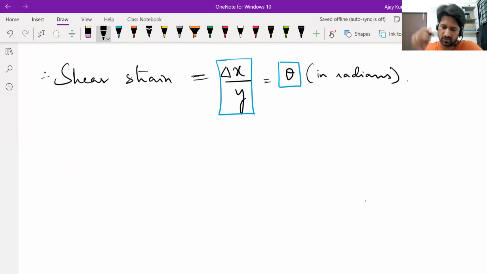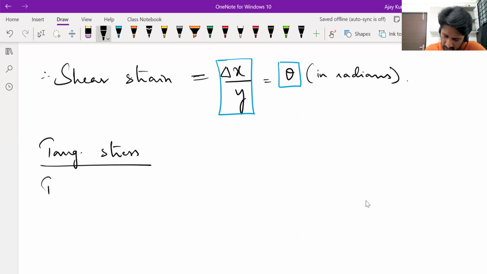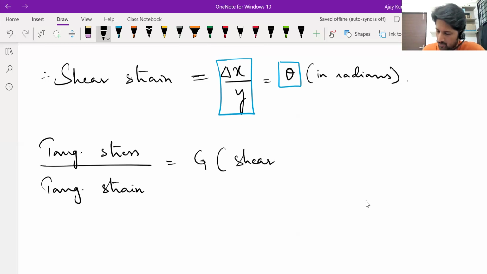So tangential stress divided by tangential strain, this ratio is denoted by the symbol G. It's called the shear modulus of the object, or it's also called the rigidity modulus.